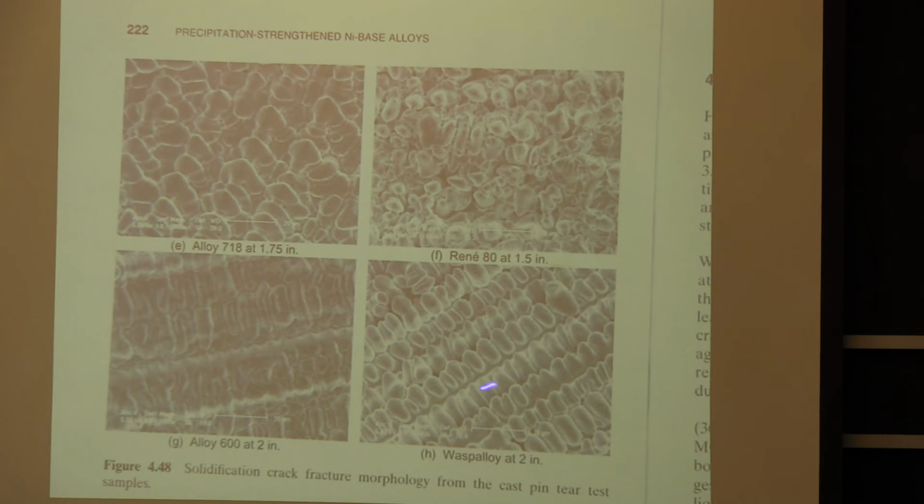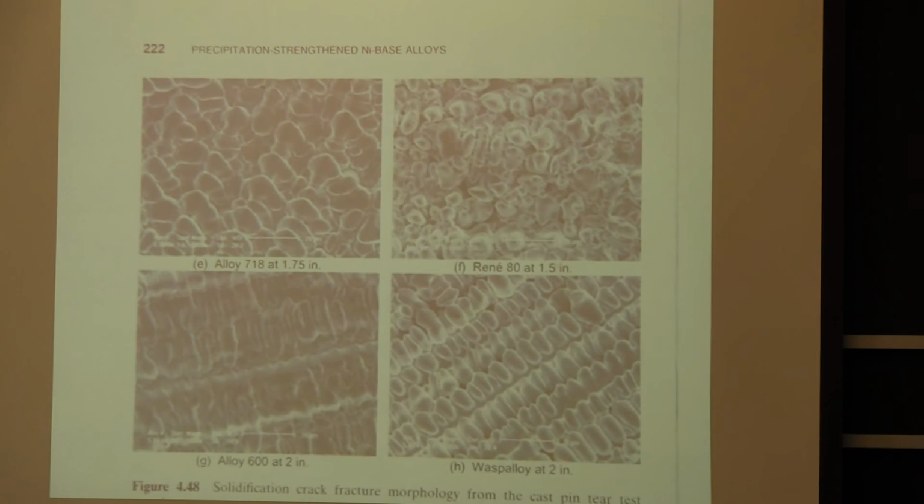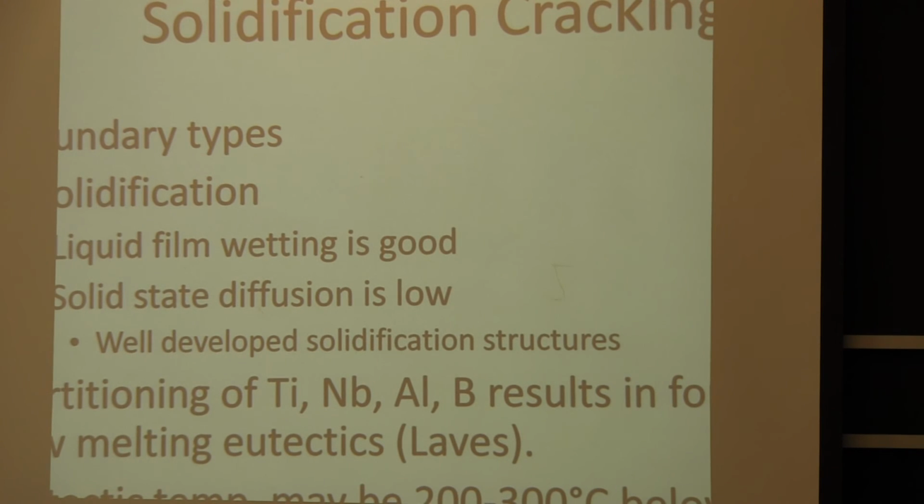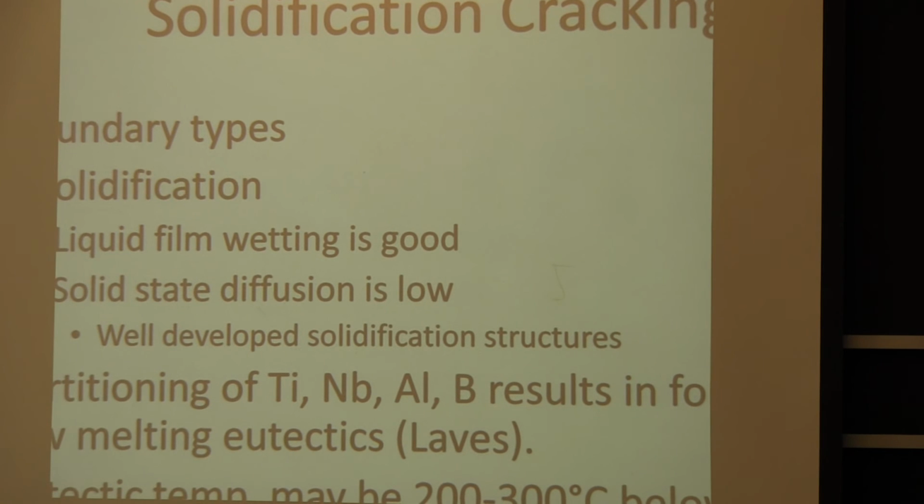And you can see the very well-defined dendritic structure, and it almost does look like there's a liquid film over those. And so as they pulled apart, it's due to that stress and low melting phase that was along those final solidification grain boundaries. So the liquid film wetting is good, and the solid state diffusion is low, which means that you end up with those well-defined, well-developed solidification structures that I just showed you.